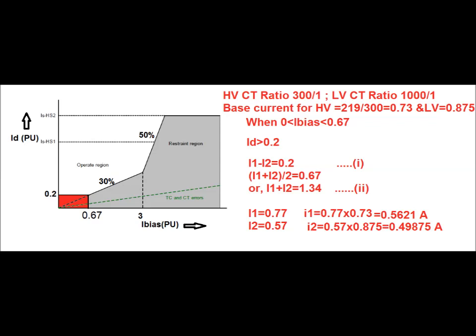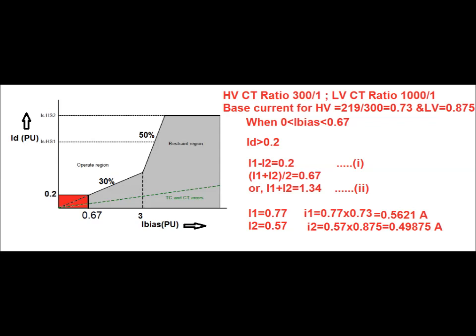Now for the region where I bias is greater than 0.67 but less than 3, the slope must be greater than 30% for belonging in the tripping region. Now suppose we consider this ID is 0.2 but I bias is 0.67, in the boundary region where the 30% slope starts.